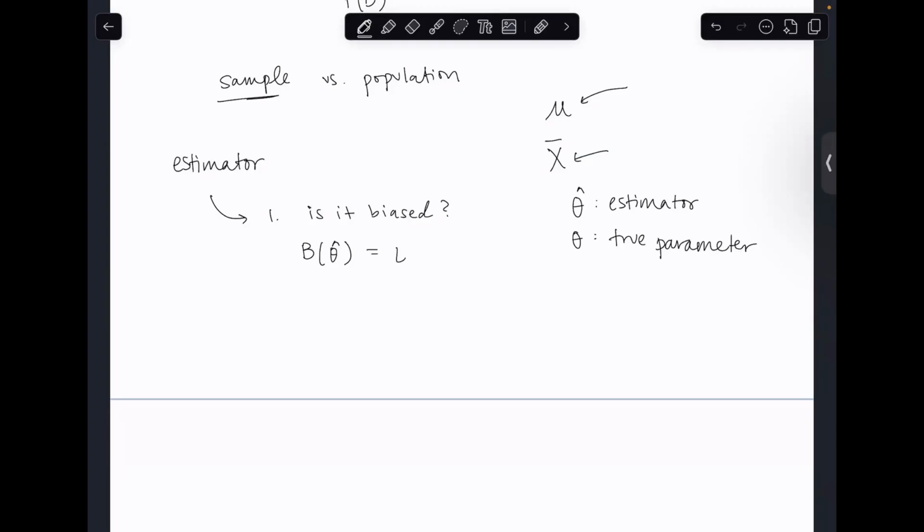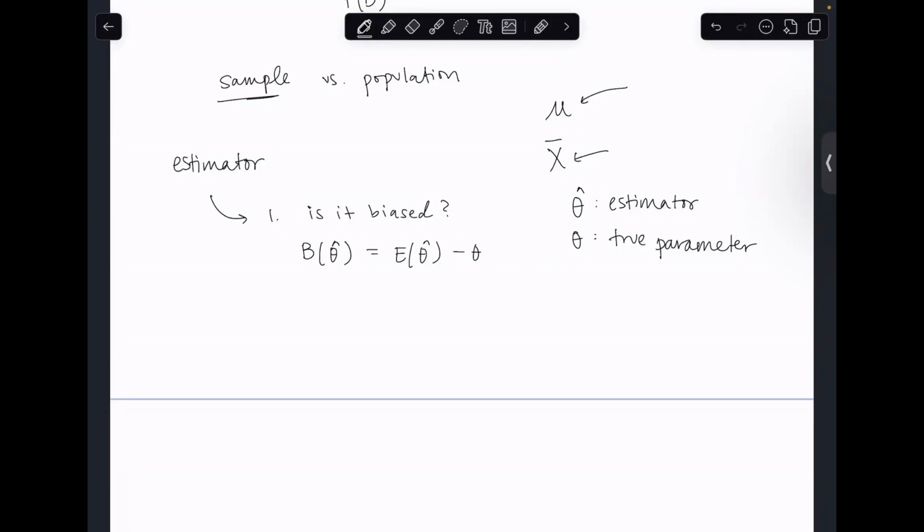My bias is just going to be the expectation of my estimator minus the true parameter, which makes sense intuitively, right? I'm saying, what do I expect to get from this estimator? If this estimator is a random variable and I pick one value, what do I expect it to be? If I expect it to be the true population parameter, then that's great. There's no bias, right?